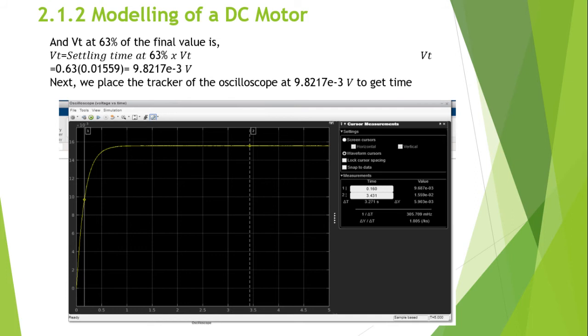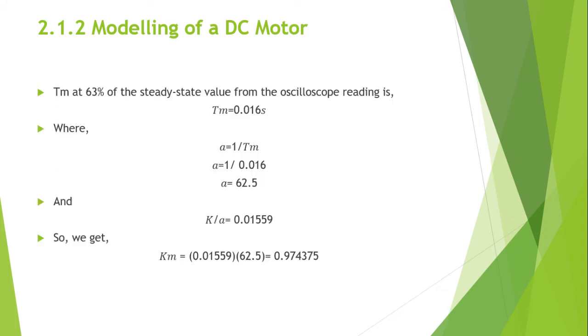So we get the result and we place the tracker at our result, so we get the time. Next, after we get the time, we have to find the value of a, with the formula 1 over the settling time.